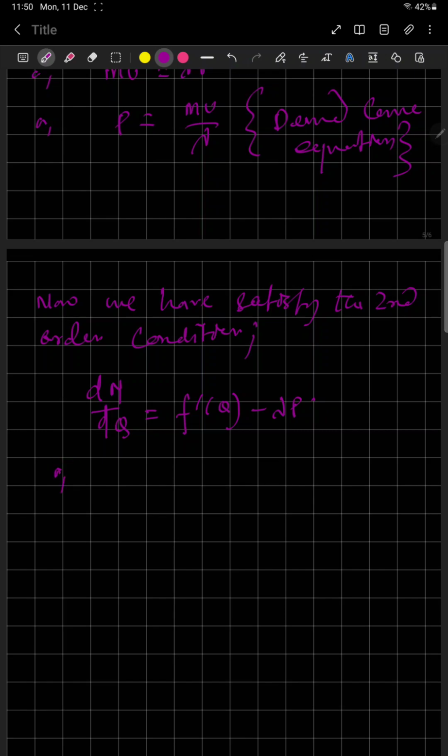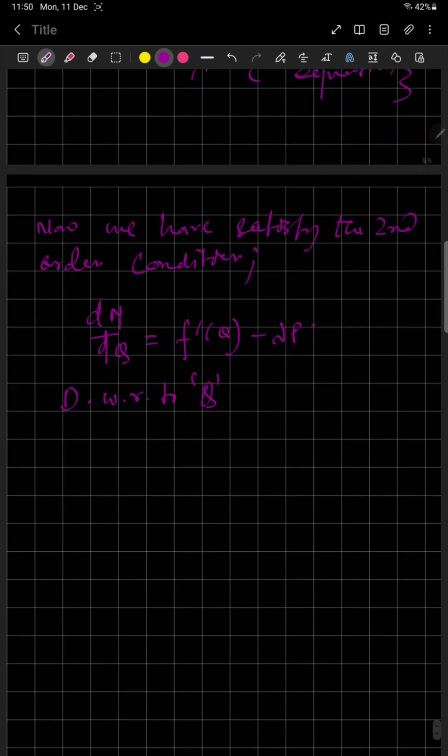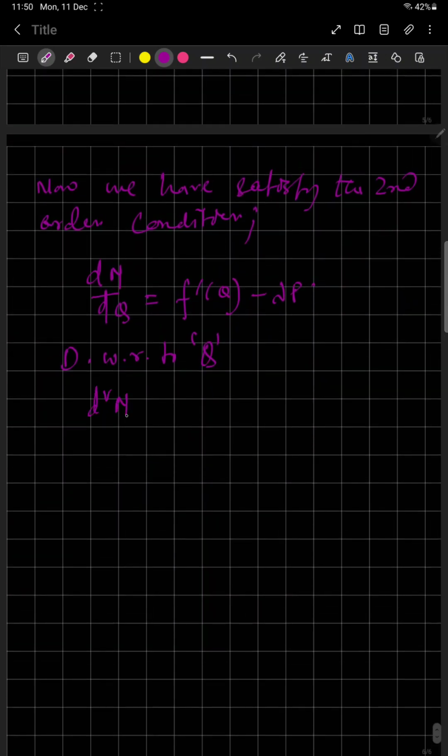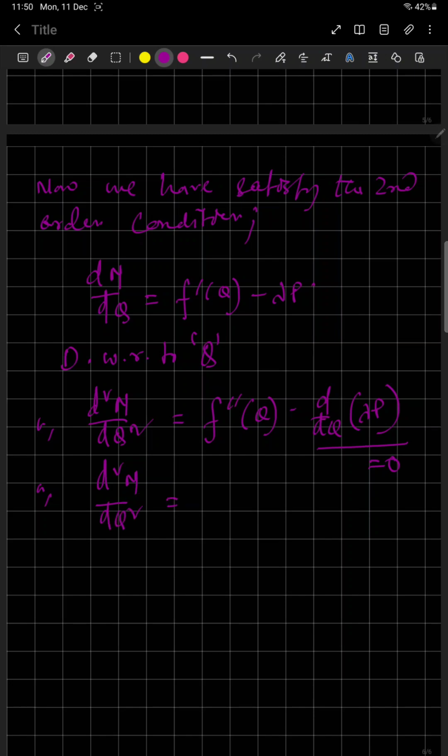Then again taking the derivative with respect to q on both sides, we get d2N by dq square is equal to f double dash q minus d by dq of lambda p, and as both lambda and p are constant, this term will be equal to 0. So we get d square N by dq square is equal to d by dq of marginal utility.